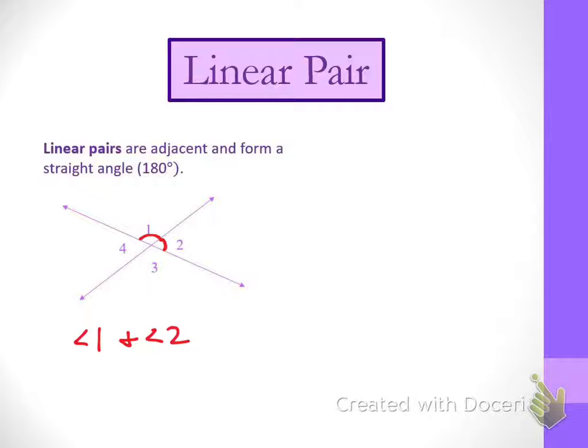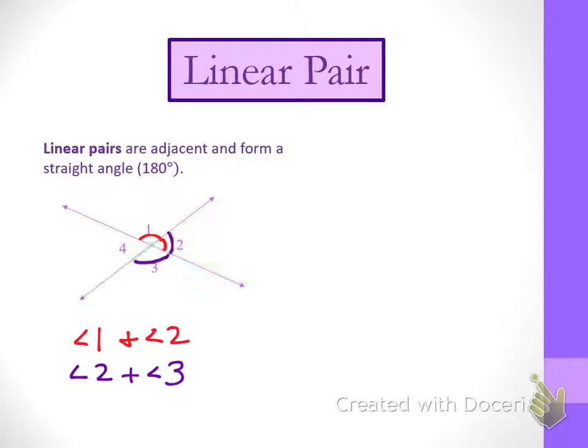I'm going to show you another set. Again, don't highlight until I tell you. Here's another straight line, yes? So angle 2 is a linear pair with another angle. What else is angle 2 a linear pair with? Angle 3. So angle 2 and angle 3 are also a linear pair. Again, they sit on that straight line together. They are adjacent.